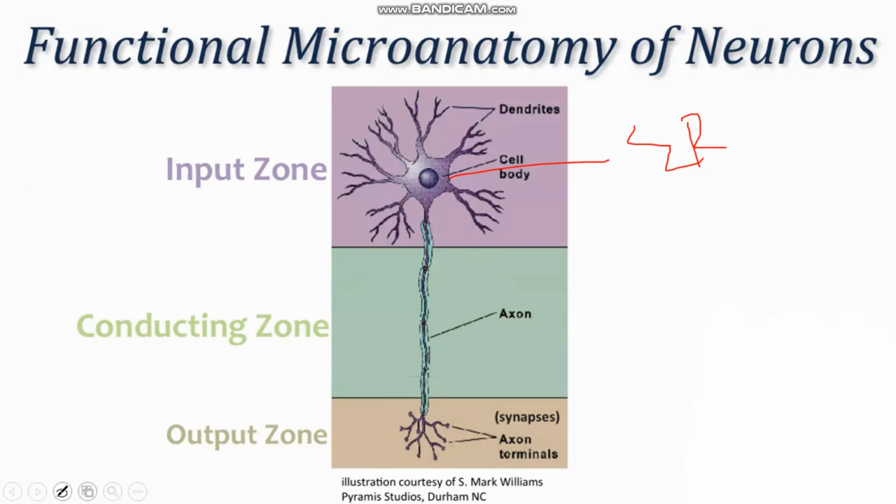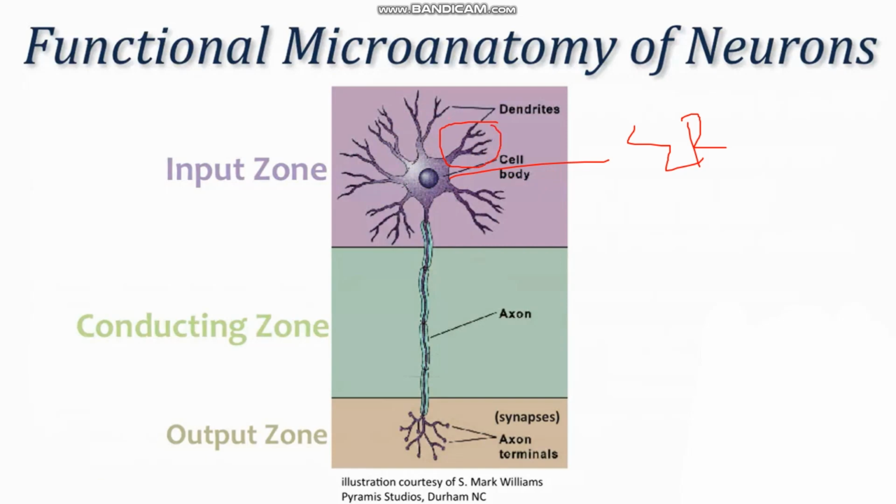If we look at the cell body of a neuron, you see a lot of projections coming out of it. These are protoplasmic projections from the cell body. The projections which are small in size, 50 microns or less, we call dendrites.